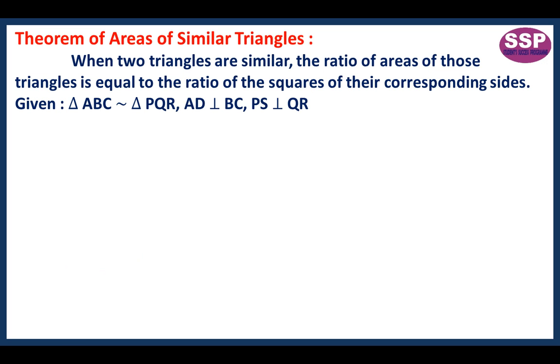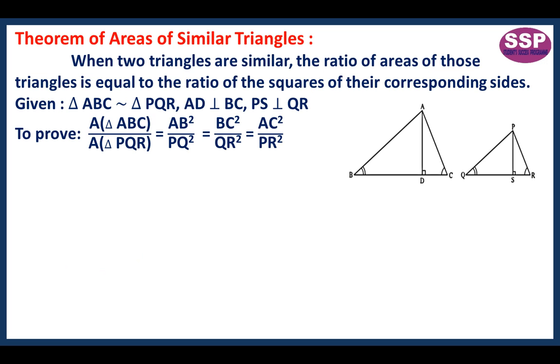Now consider triangle ABC similar triangle PQR and construct the diagram. Triangle ABC similar triangle PQR in which AD perpendicular BC and PS perpendicular QR. Here we have to prove the ratio of areas of these two triangles, that is area of triangle ABC upon area of triangle PQR equal to the ratio of squares of their corresponding sides.